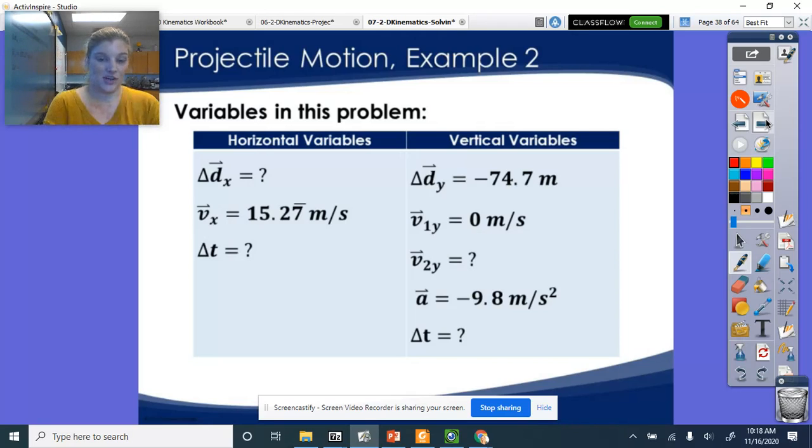I know that I'm starting out with a 0 vertical velocity because I'm not moving up or down. I'm just driving straight across. It's like Wile E. Coyote running off the edge of a cliff. Just kind of hangs there until he falls. And then gravity's going to pull me down at negative 9.8 meters per second squared. I don't know my time in any situation. I don't know how far I'm going in the x, and I don't know my final velocity in the y.